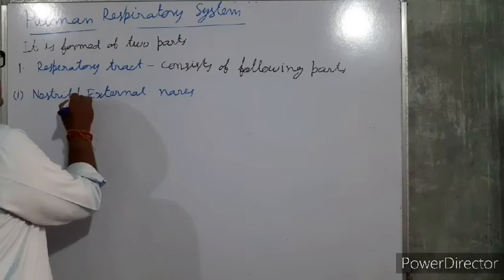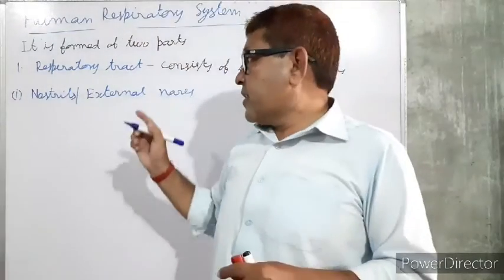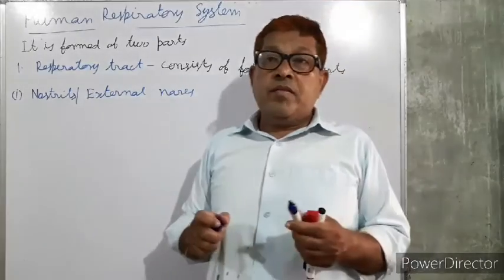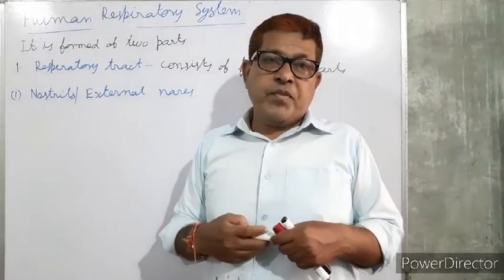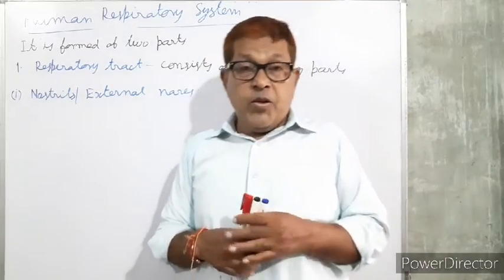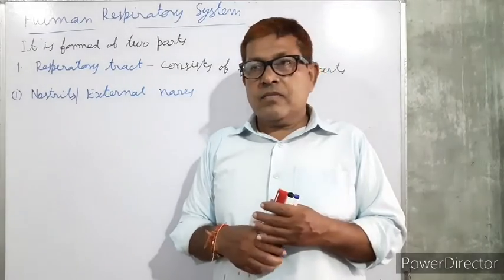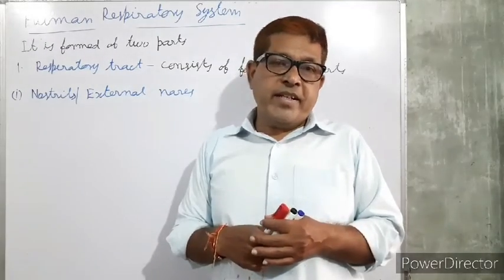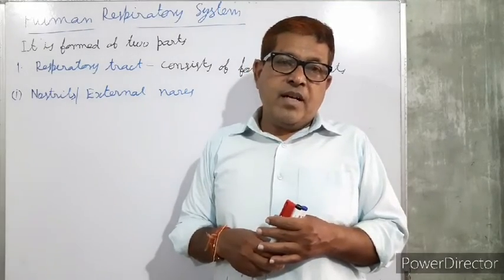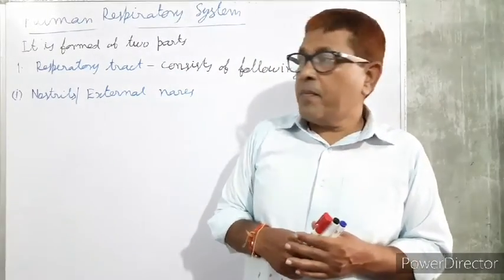It is better to say nostrils because there are two nostrils. So what are nostrils? Nostrils are slit-like apertures found below the nose and located above the upper lip.